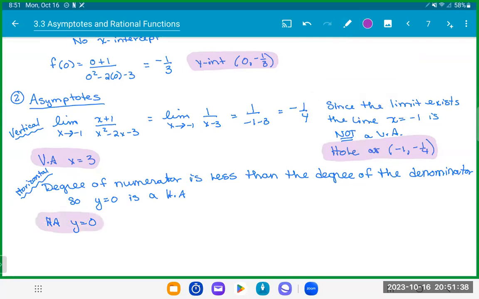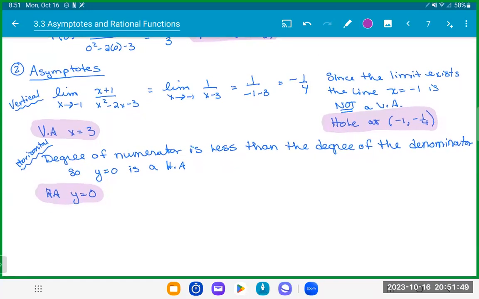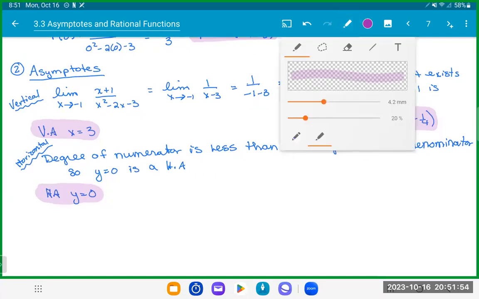And if you have a horizontal asymptote, you cannot have a slant or oblique asymptote, so we don't have to check that one. All right. Question.